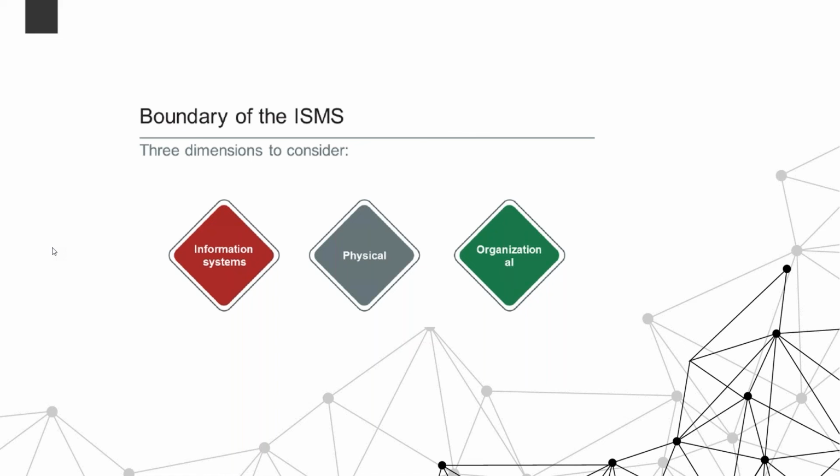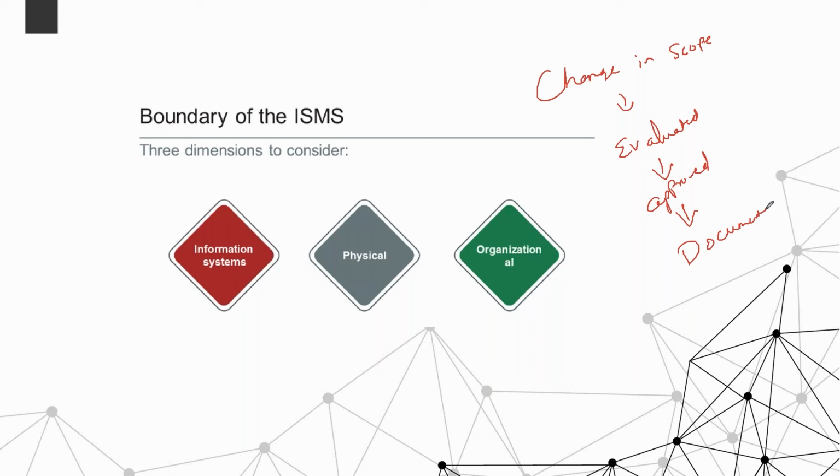If we are making any changes to the scope, that needs to be evaluated. Again, it needs to be approved. If there is a change in scope, that needs to be evaluated. After evaluation, it needs to be approved. And after that, it needs to be documented as well.